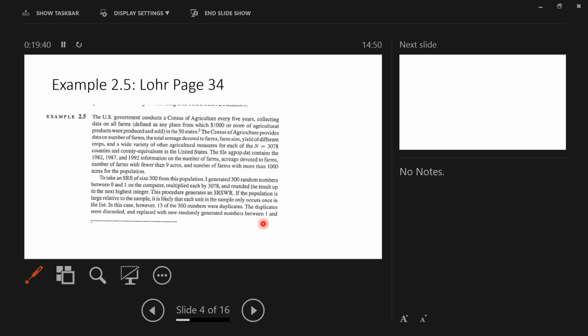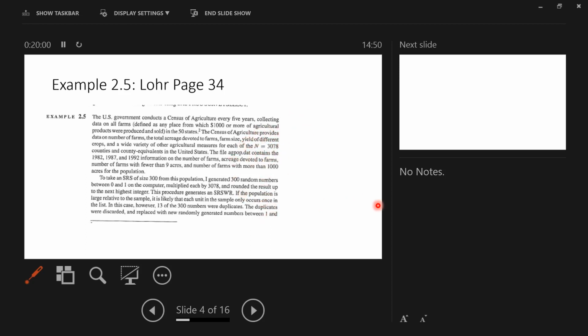So what we're trying to do in this particular demonstration, you've already got Lohr chapter 2 with lots of comments. As I said, you don't have to go through all the other parts, but if something is here and I refer to it and you need more reading, you can go and read more about it. Basically, they're talking about a population of size 3078.